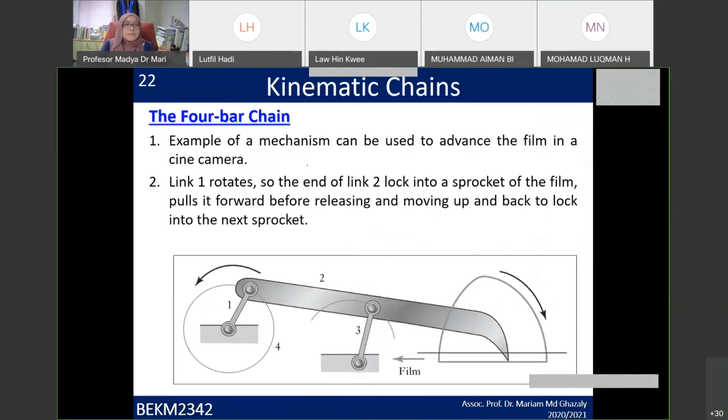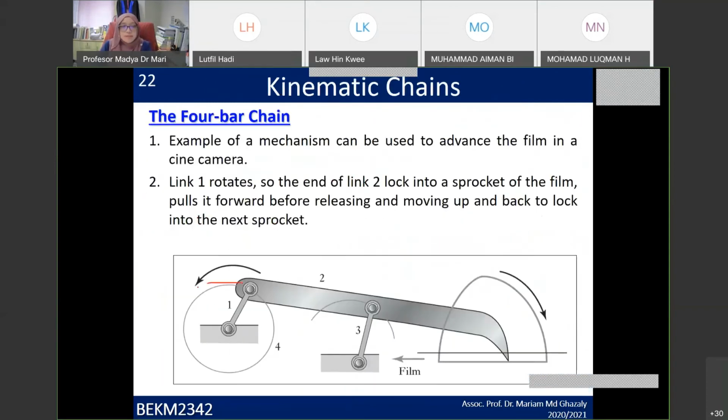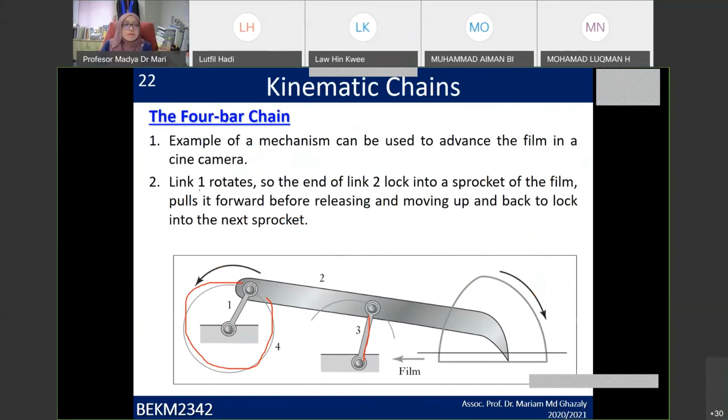And this is another example of 4-bar chains, where you have this crankshaft connected to a link. That means it's the second one, the lever crank mechanism.